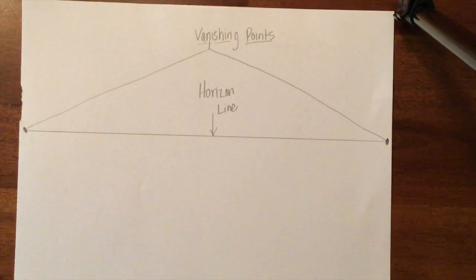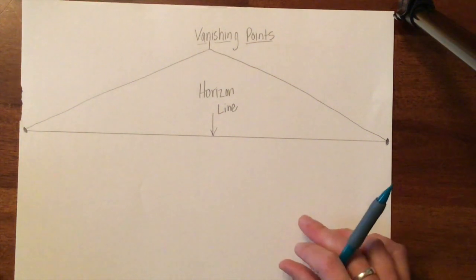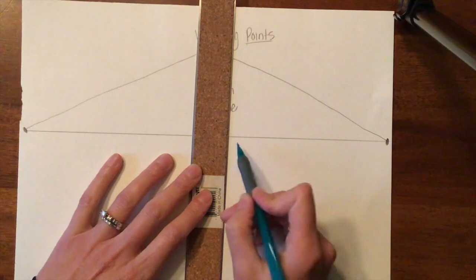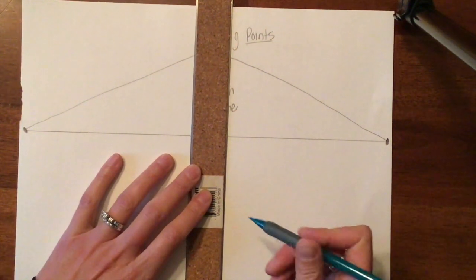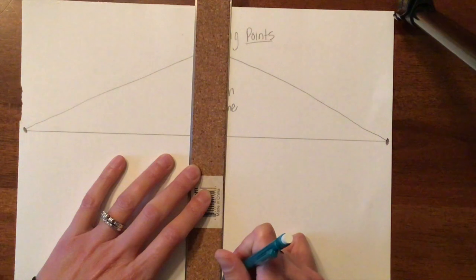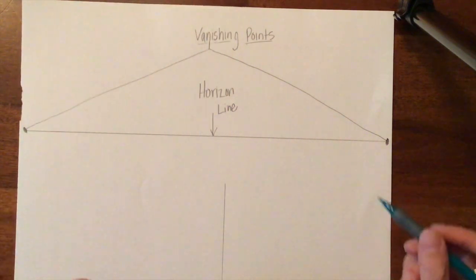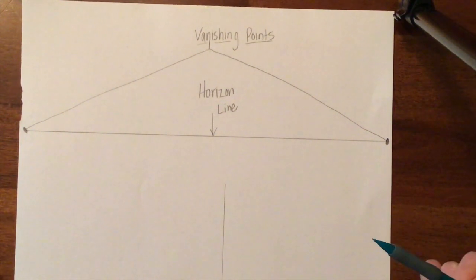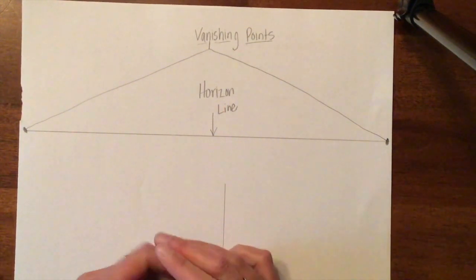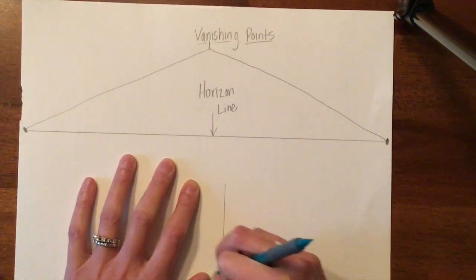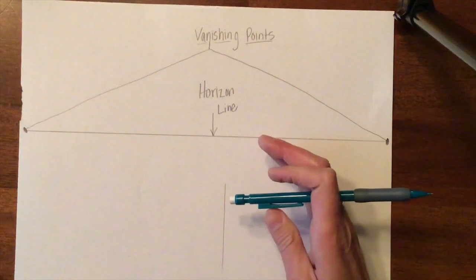Now, what I am going to do is start by making a vertical line, so a straight up and down line, and you want to make sure that it's very straight, and you want to make sure that it doesn't touch the horizon line. So it's straight up and down, it's not diagonal at all, and it doesn't go up to my horizon line, okay? That's exactly what I want it to look like. It can be shorter, it can be longer, I don't care as long as it's not touching the horizon line.